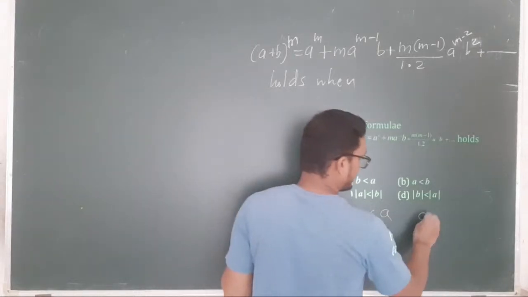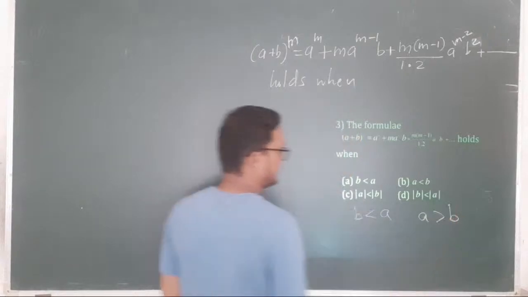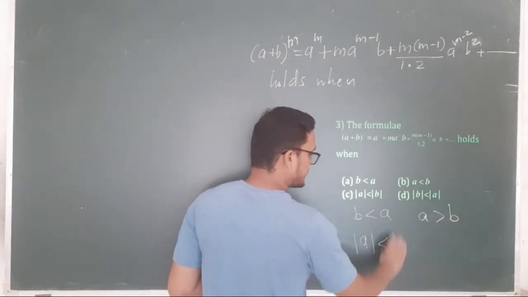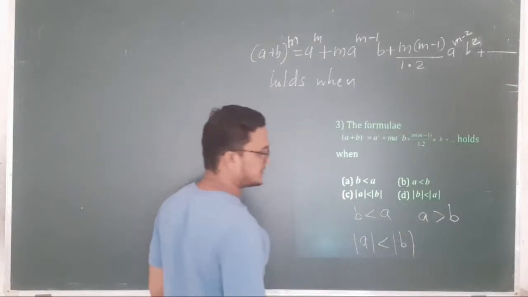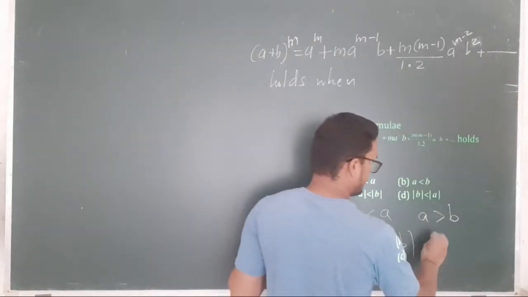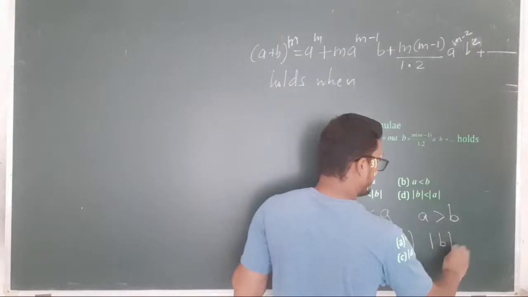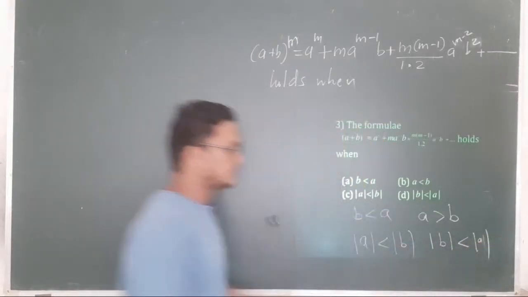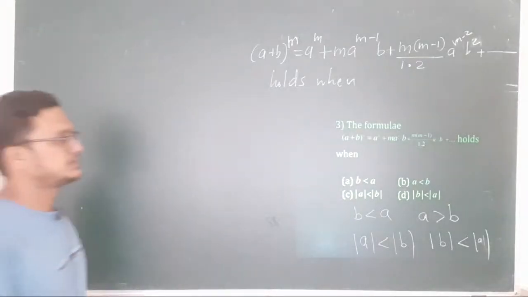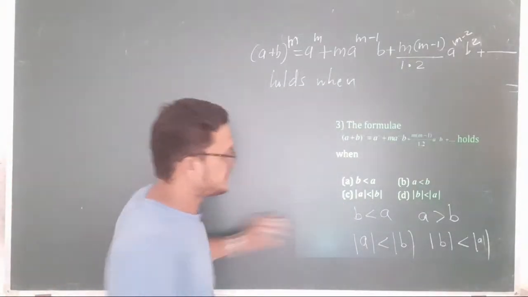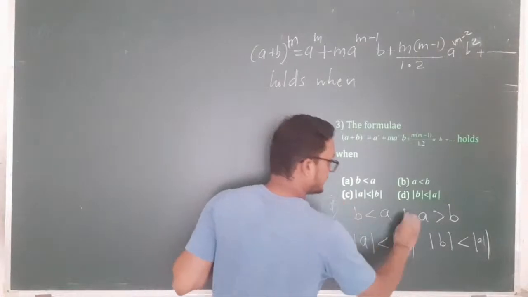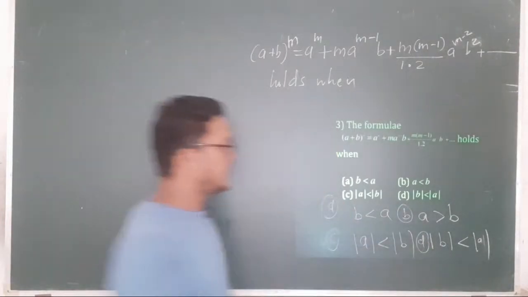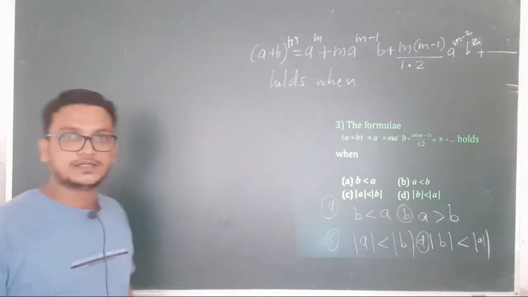Second option a is greater than b. Third option modulus of a less than modulus of b. Option D modulus of b less than modulus of a. So these are the four options. Among these four options, which option is going to be correct? A, B, C and D.